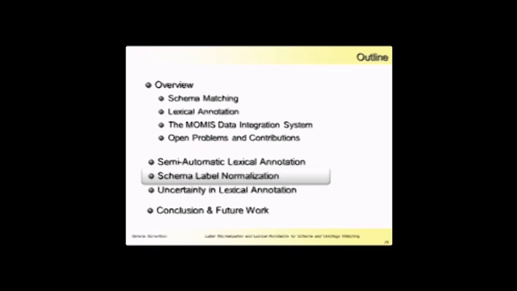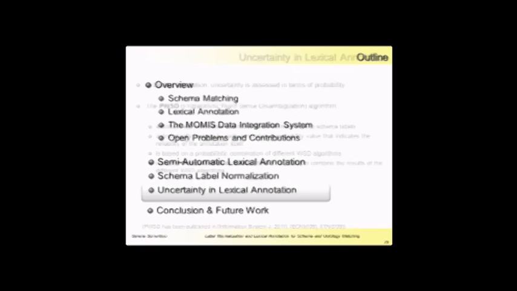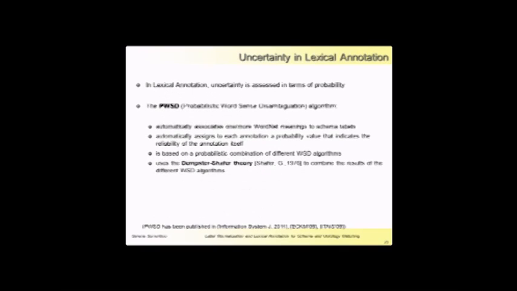The last problem I addressed is the problem of uncertainty in automatic lexical annotation. We represent uncertainty in automatic lexical annotation in terms of probability. I've taken part in the development of a probabilistic word sense disambiguation method that is able to annotate each label with one or more meanings of WordNet, but is also able to assign to each annotation a probability value that represents the reliability of the annotation itself.